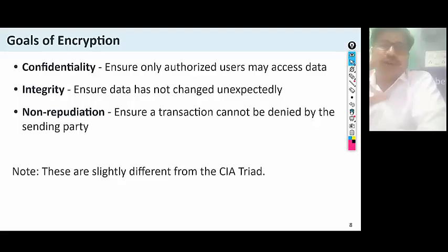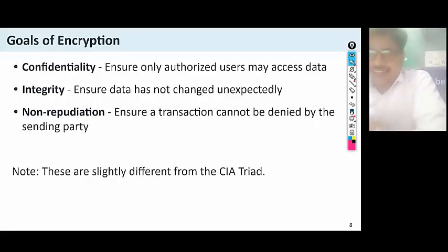Even if you don't have the key, you cannot read the data. So an unauthorized person, or a person who doesn't have the key, cannot read the data, and the confidentiality will be maintained.